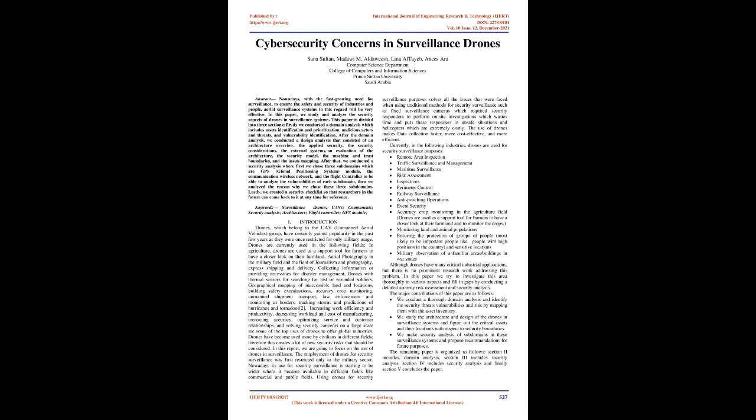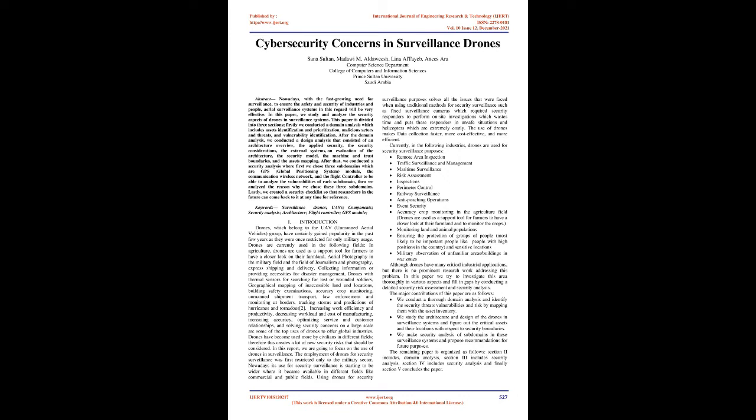Currently, in the following industries, drones are used for security surveillance purposes: remote area inspection, traffic surveillance and management, maritime surveillance, risk assessment, inspections, perimeter control, railway surveillance, anti-poaching operations, event security, accuracy crop monitoring.